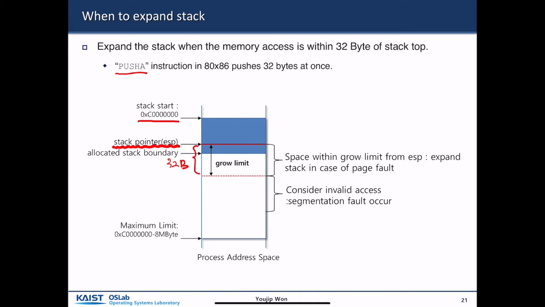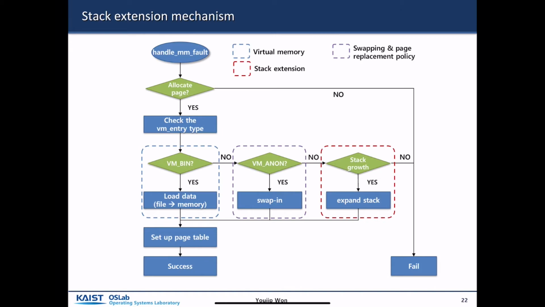But if an application accesses somewhere beyond this range, which is an unallocated stack address, then the operating system considers it an illegal access and generates a segmentation fault. So this is the extension mechanism of the stack.